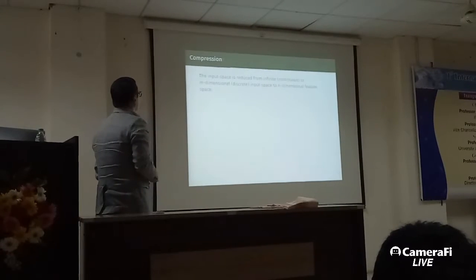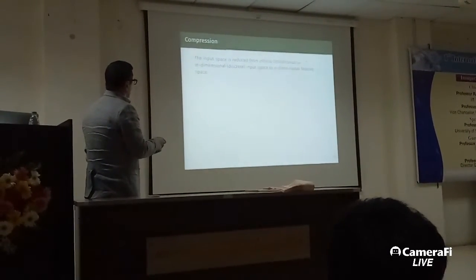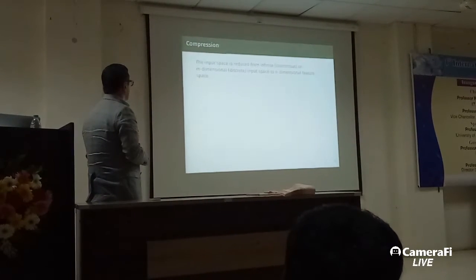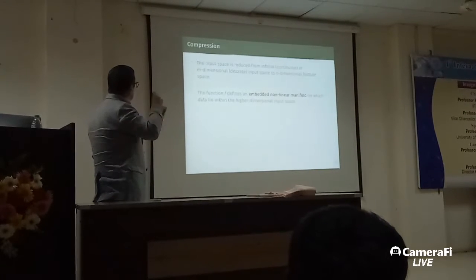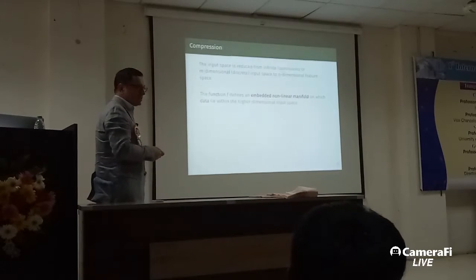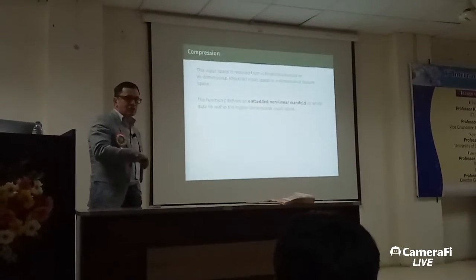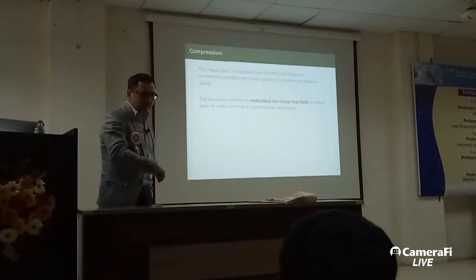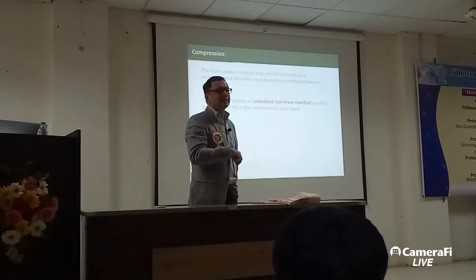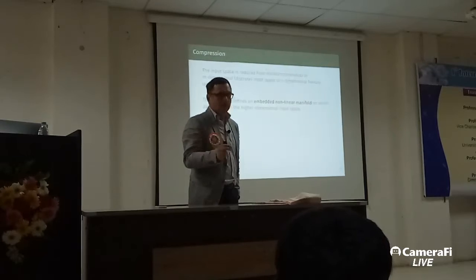Regarding compression, as I told you, we are moving from an infinite continuous or n-dimensional space to an n-dimensional feature space. What we say is that the function f defines an embedded nonlinear manifold. This is possible because we assume that inside the function there is an internal structure that we are able to extract in an orthogonal space made by fuzzy transform coefficients.